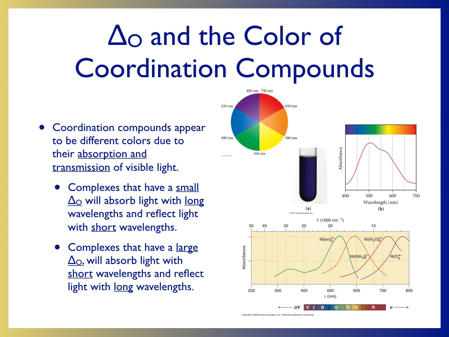This is because chlorine is a weaker field ligand, meaning that this complex ion is absorbing the longer wavelengths of light or lower energy light. It turns out this complex ion appears more of a yellow-green color.